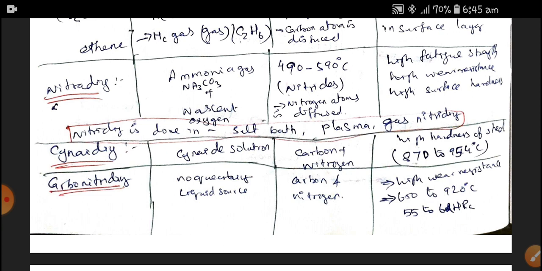It produces a maximum of 55 to 62 HRC, and the material is heated up to 650 to 920 degrees Celsius. After heating the material at 650 to 920 degrees Celsius, we put the metal into the liquid source. Therefore, the carbon and nitrogen atoms can be diffused in the surface.